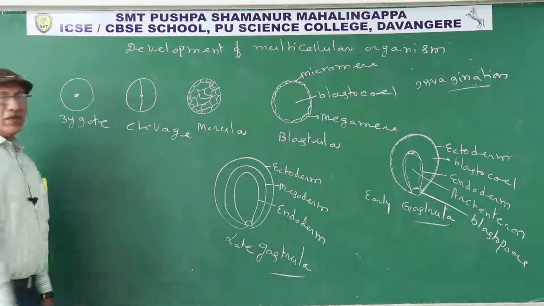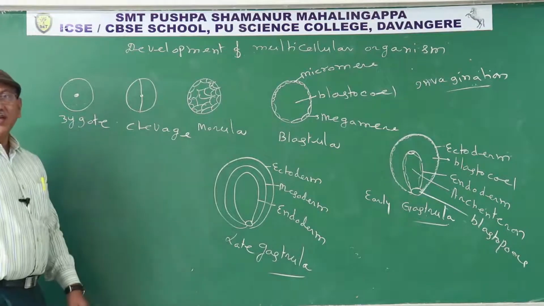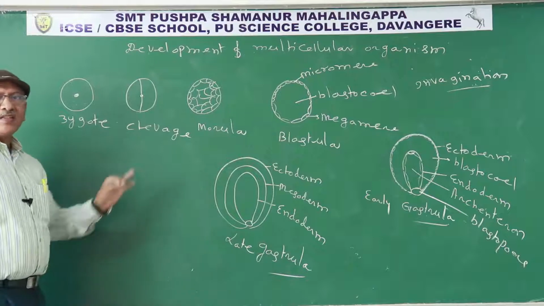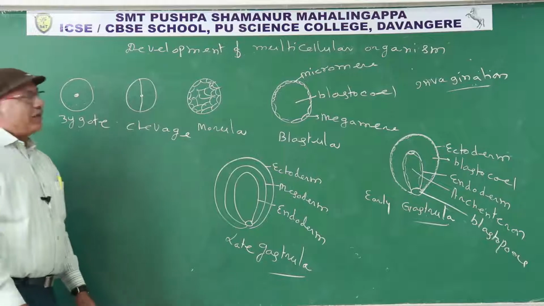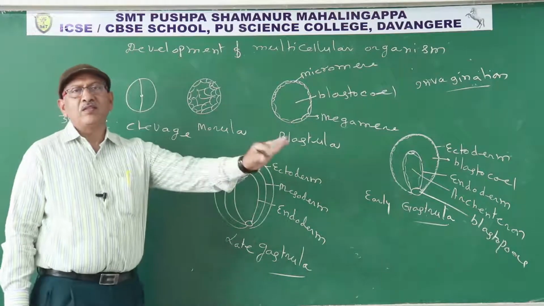So with the knowledge of development of multicellular organism, you can easily understand the coelom. Now we discuss coelom, types of coelom. Animals having coelom are known as coelomates.